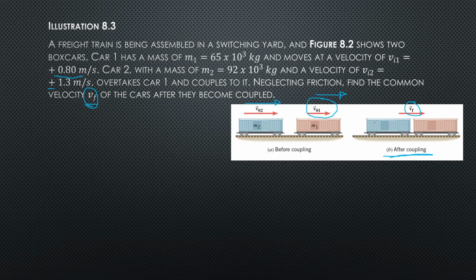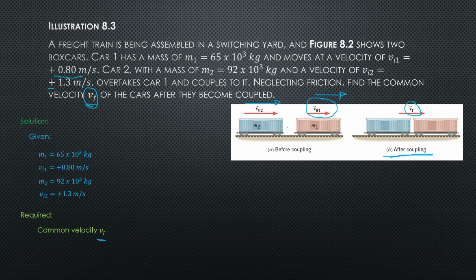Single entity. Now, the given: mass of car 1 is 65,000 kilograms, initial velocity of car 1 is positive 0.8 meters per second. Mass of car 2 is 92,000 kilograms and its initial velocity is positive 1.3 meters per second. So the required is the common velocity when they become coupled.